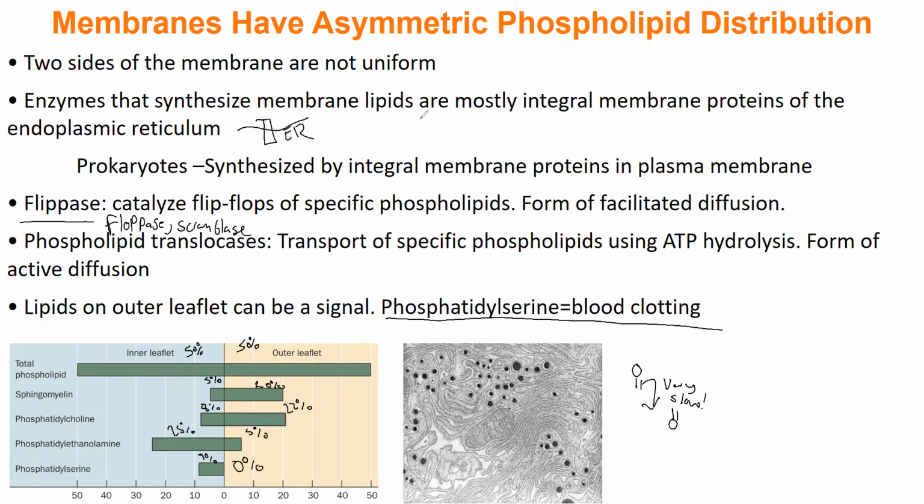Us, we make them in the ER and then transport them out to the membrane bilayer for incorporation. Right. So any questions about the information presented here about lipids being more prevalent on one side of the leaflet versus the other?